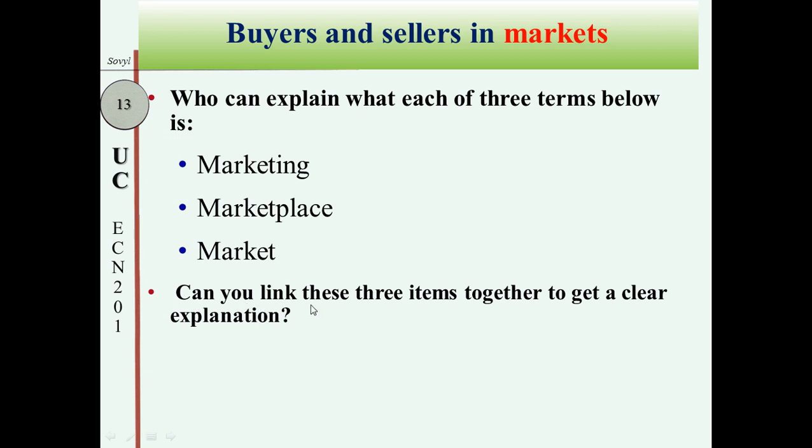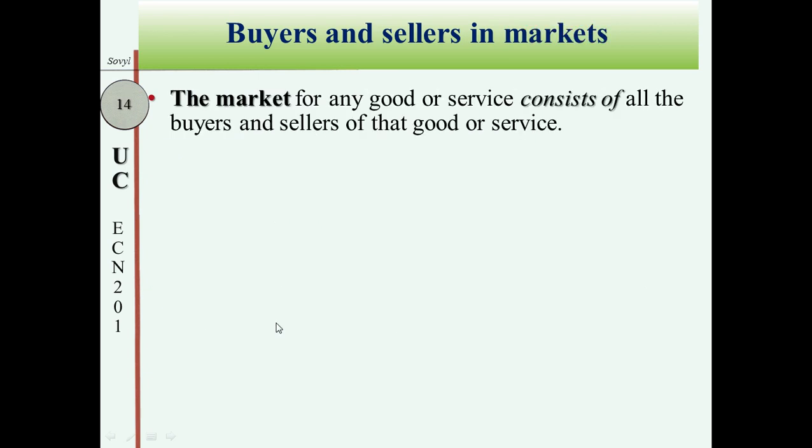Who can link these 3 terms together to get a clear explanation? Link these 3 together in order to get a one paragraph explanation. Okay, this is for you. Think about what is marketing, what is marketplace, what is market, and combine the content of the 3 terms together in order to get a clear explanation.